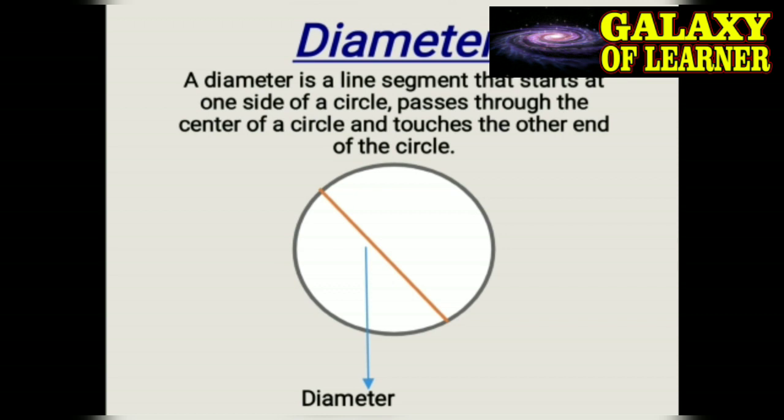It is also like a chord, but the only difference is that the line segment passes through the center of the circle. You have to remember children, a chord does not pass through the center of the circle. A diameter passes through the center of the circle and also a diameter is the longest chord of the circle.